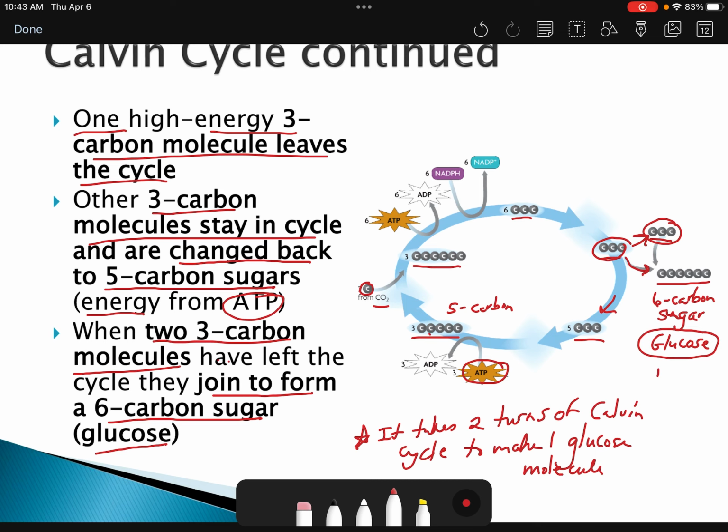And so glucose is one of the main products of the light-independent reactions. And really, ADP and NADP+, these are also products of the light-independent reactions, okay? And again, they get recycled back to light-dependent reactions.